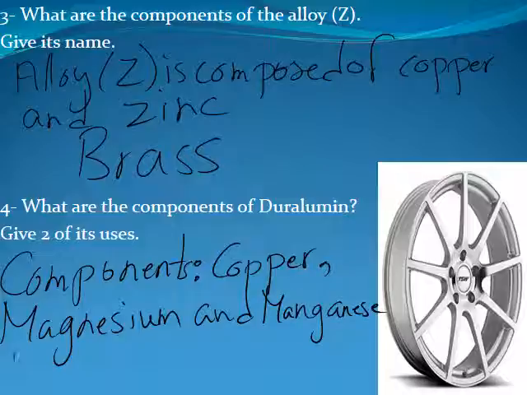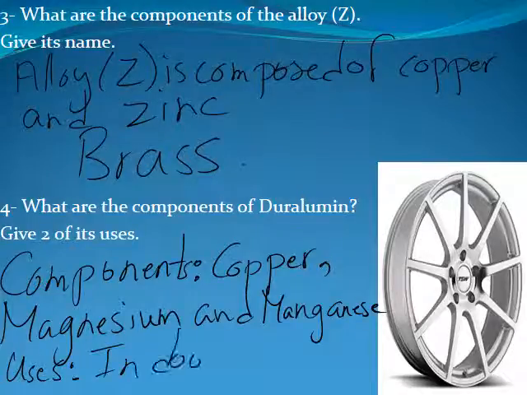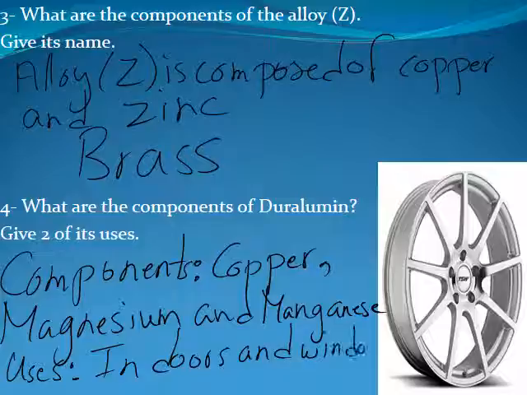Uses? Doors and windows. Thank you, Linda. They are composed of copper, magnesium, and manganese, and it's used in doors and windows. Okay, thank you.